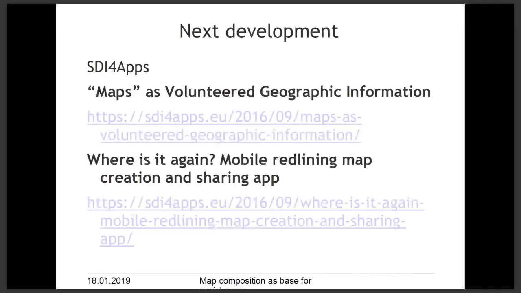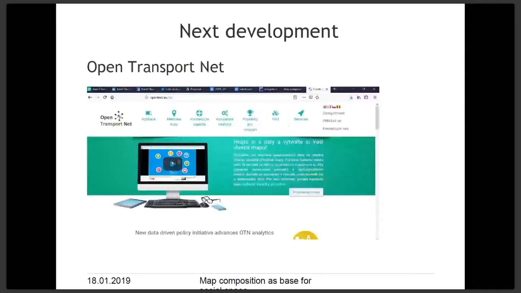The second project where we continued with this concept was the Open Transport Net project, and there we worked with a group of non-experts. It was people from the cities and others. Again, we discussed all the time how these people can use geospatial information, what they can do, and what would be the best way to give it to them. We worked a lot on this concept of sharing the map and map composition.